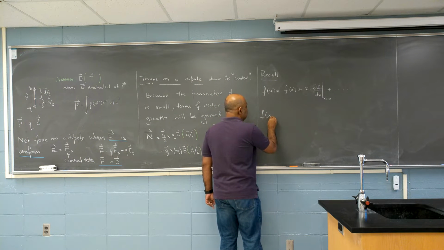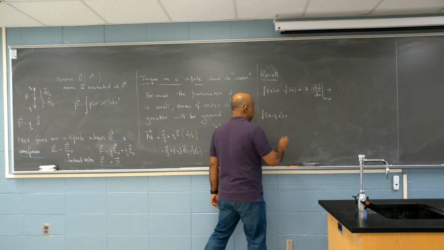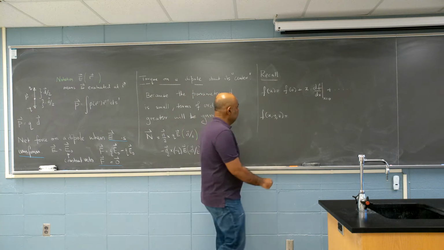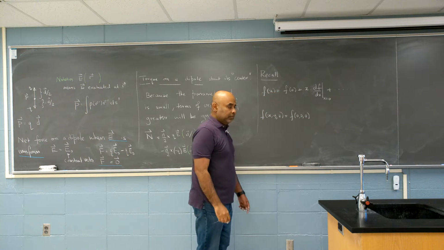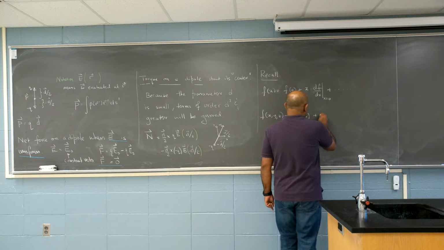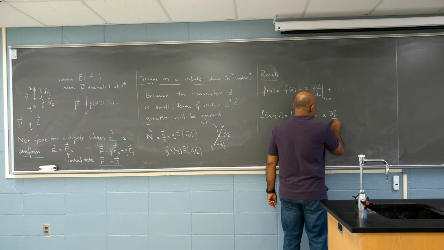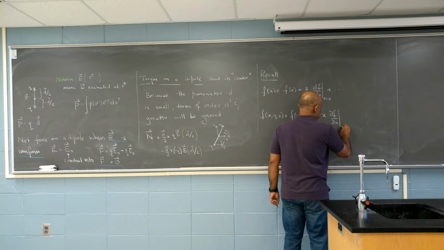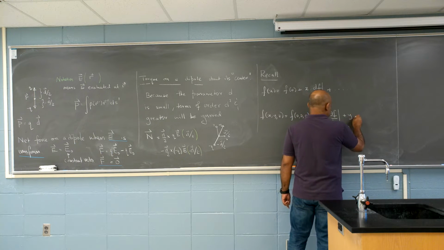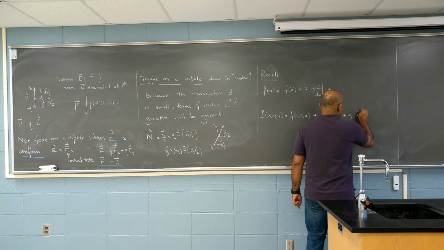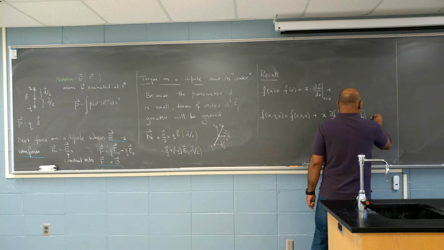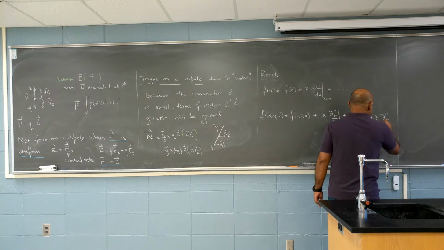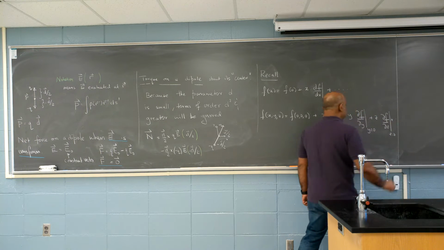F of x, y, z is f of 0, 0, 0, plus, well, you guessed it, plus higher order terms.